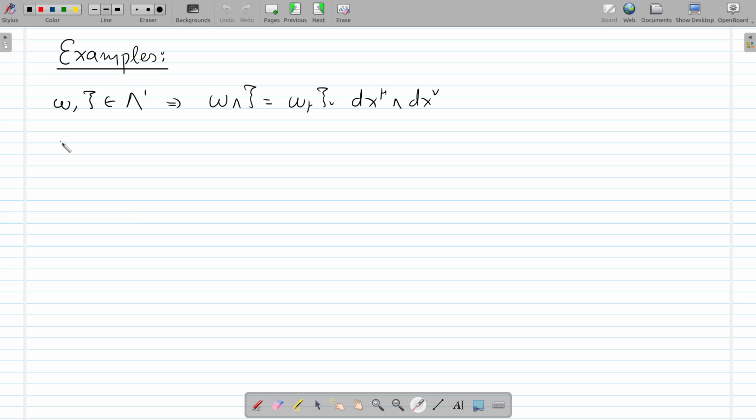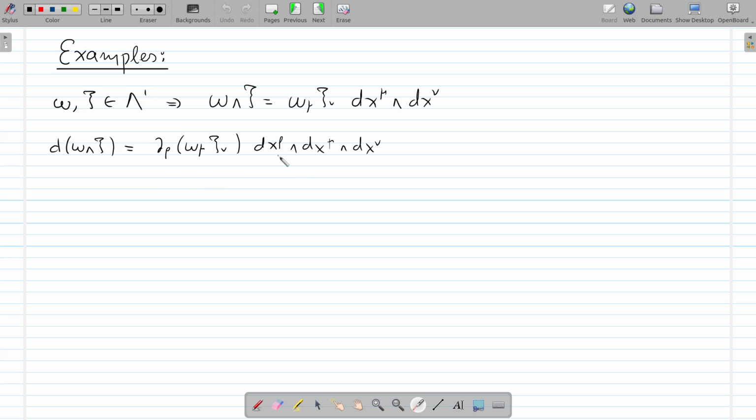Let's consider two one-forms, omega and xi, and their wedge product, omega wedge xi, which in a coordinate basis is given by this expression. Then the exterior derivative of the wedge product is obtained by taking the derivative of the components here and putting an extra dx factor in the wedge products.